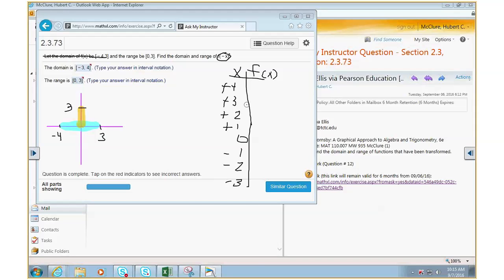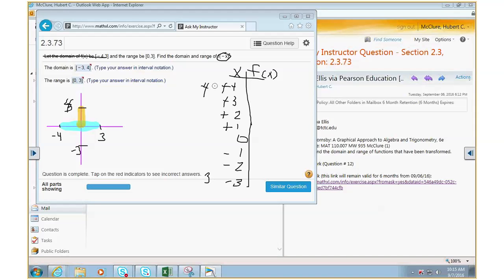So that means my range would be what? My range would be from -3 to what? +4. So -3, +4. And my domain would still be -4 to what? +3.